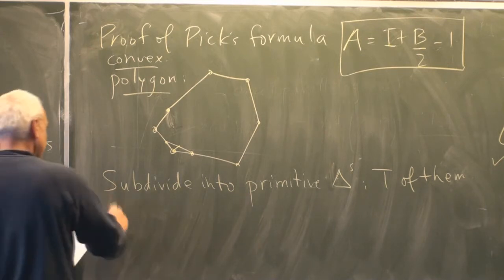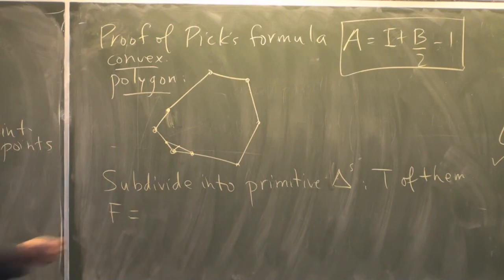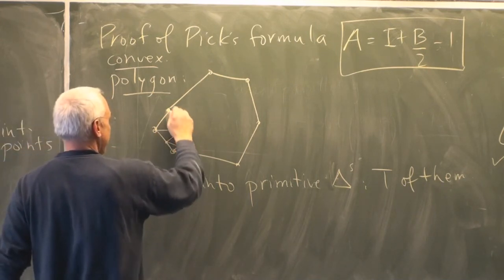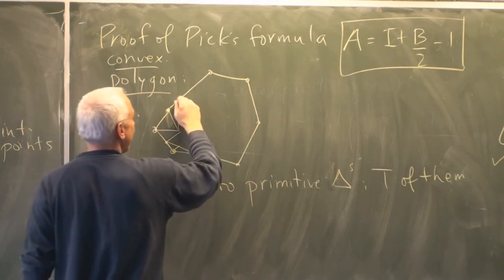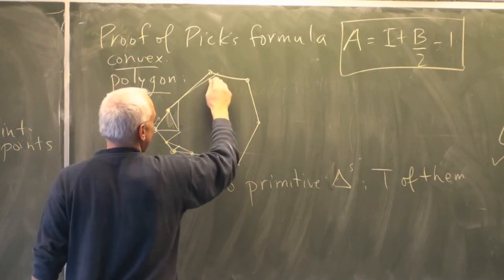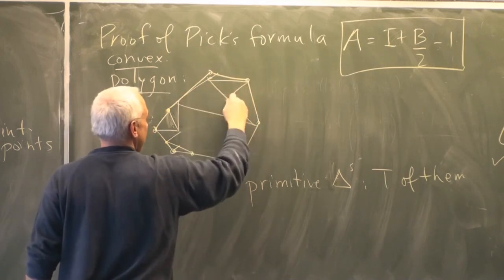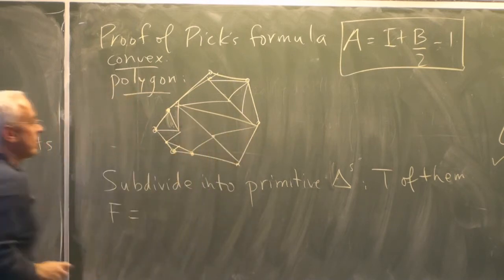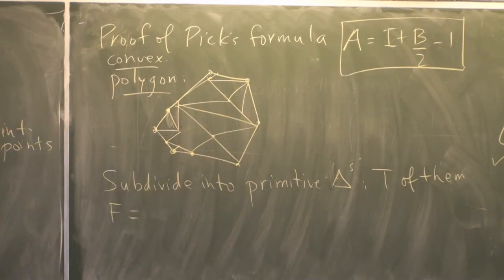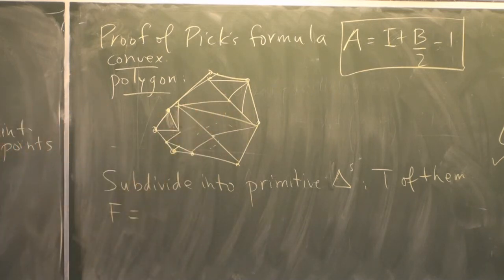So the number of faces, well, we've got this pattern of very skinny triangles, all primitive. Okay, it's hard to draw them. Pretend it's something like this. They're actually all skinny and long, generally.